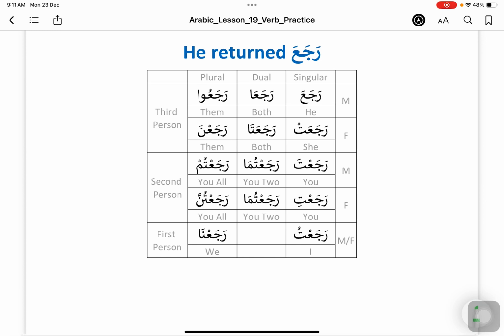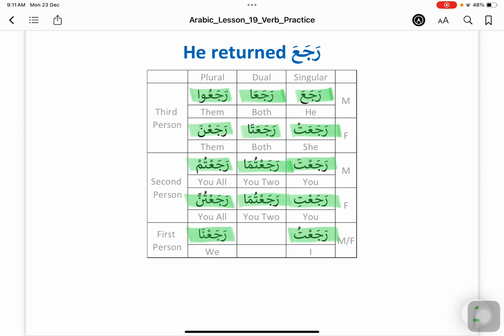So raja'a means he returned. Raja'a, raja'u, raja'at, raja'ata, raja'na, raja'ta, raja'tuma, raja'tum, raja'ti, raja'tuma, raja'tunna, raja'tu, raja'na.